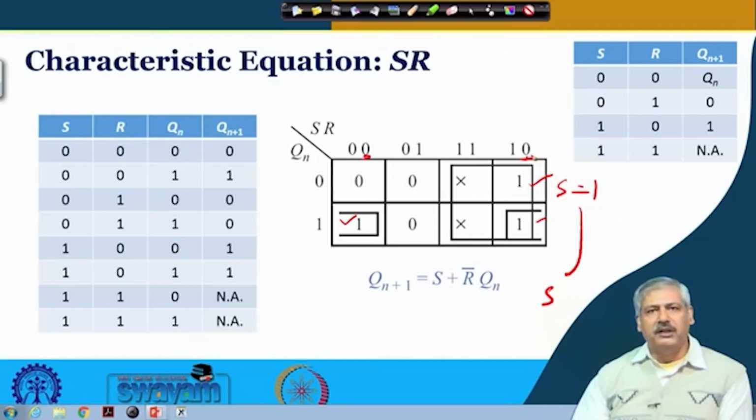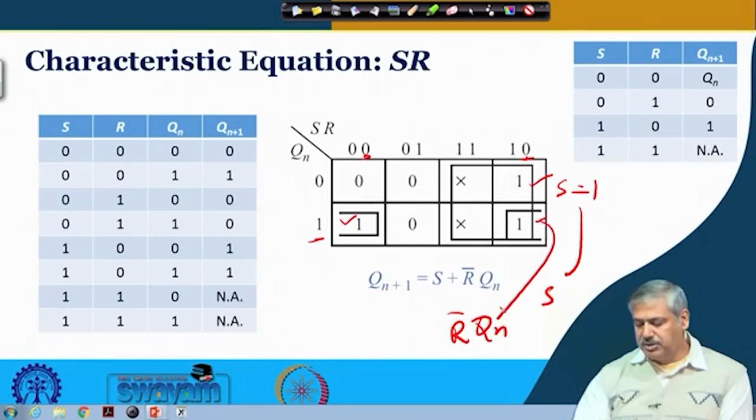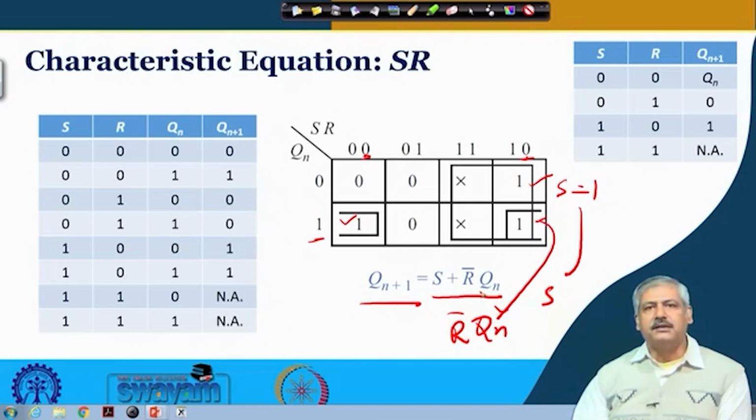So the literal that comes is R bar, and Qn remains constant with a value 1, so Qn will come. Then we sum it up and we get Qn plus 1 represented as S plus R bar Qn. This is the characteristic equation of SR flip-flop. Is it clear?